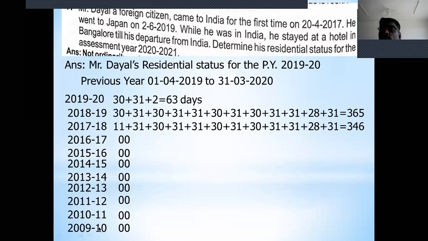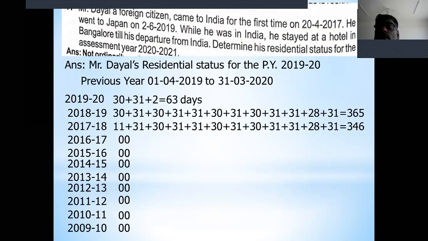He satisfies the first conditions in 18-19 and 17-18. In these 2 years, he satisfied. Means out of 10 previous years, he is a resident in India for 2 previous years. One condition satisfied. Out of 10, 2 satisfied.